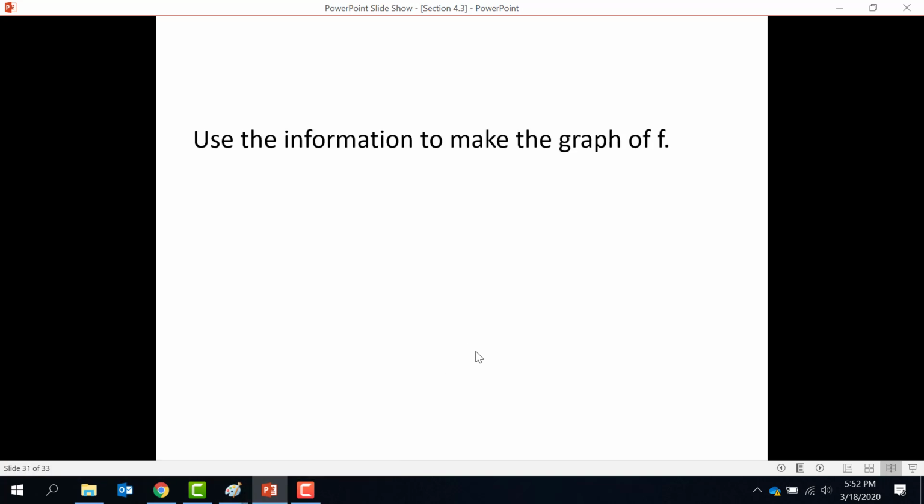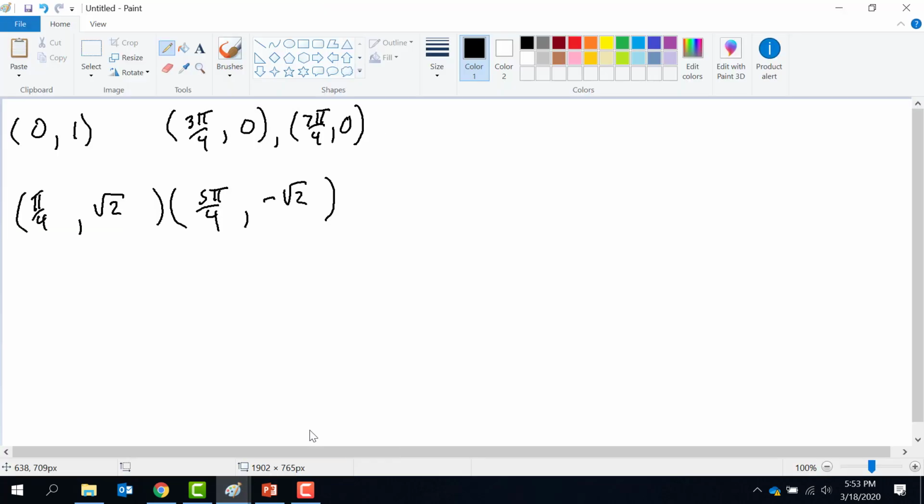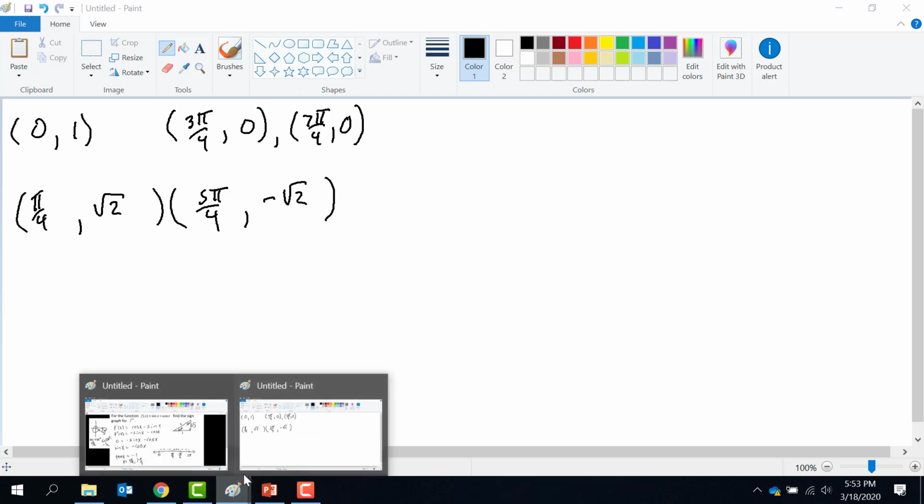So now we can make the graph, right? To make the graph, we should have our sign charts on there.